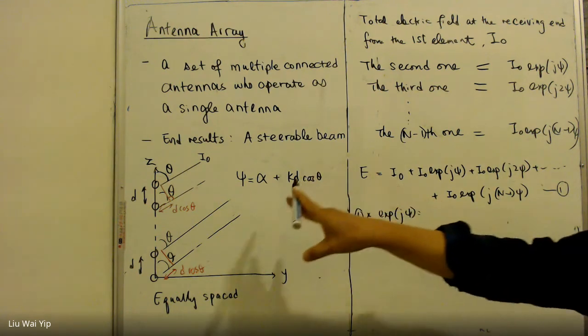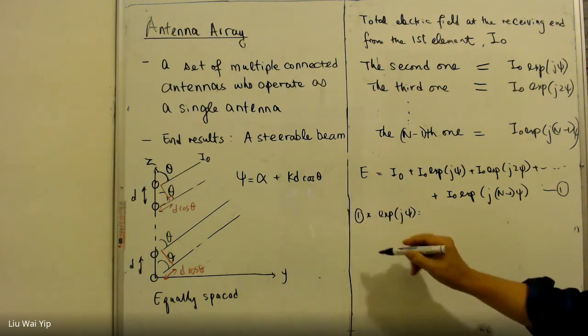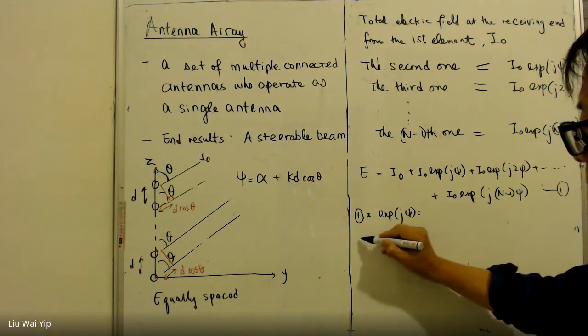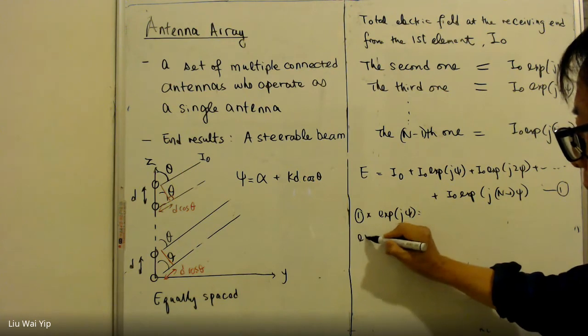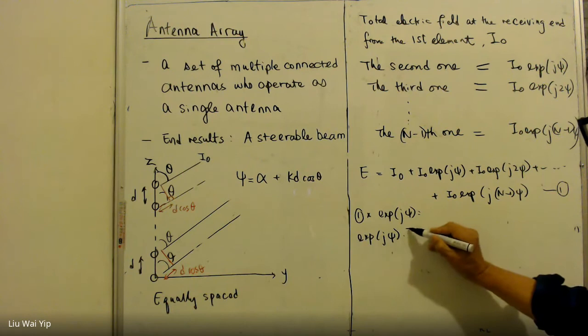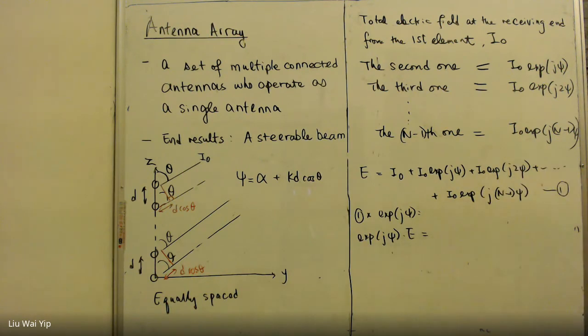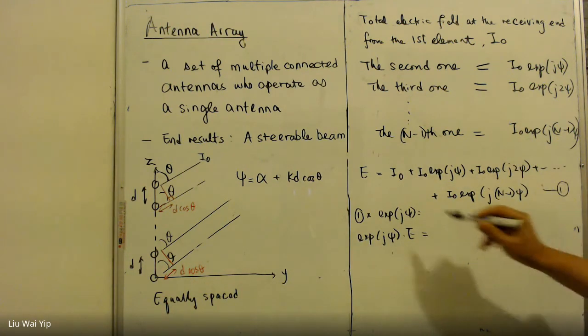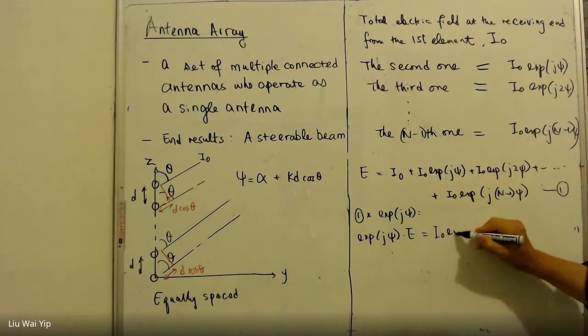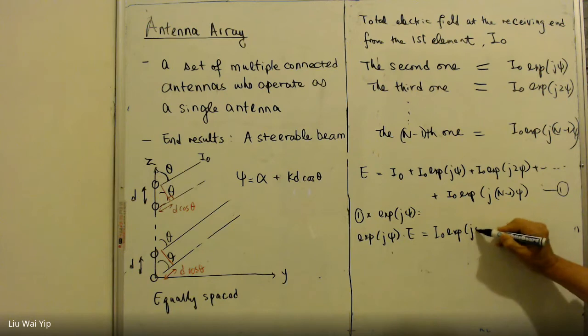Now the left side of the equation is going to be E times e to the j phi. The right side of the equation, the first term will be scaled up by this exponential.